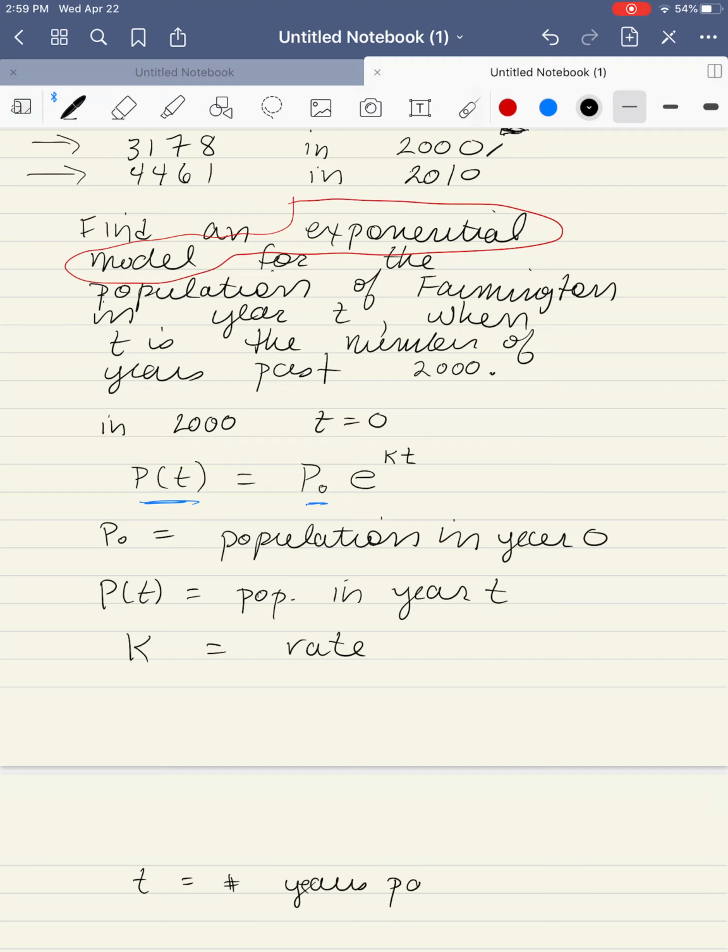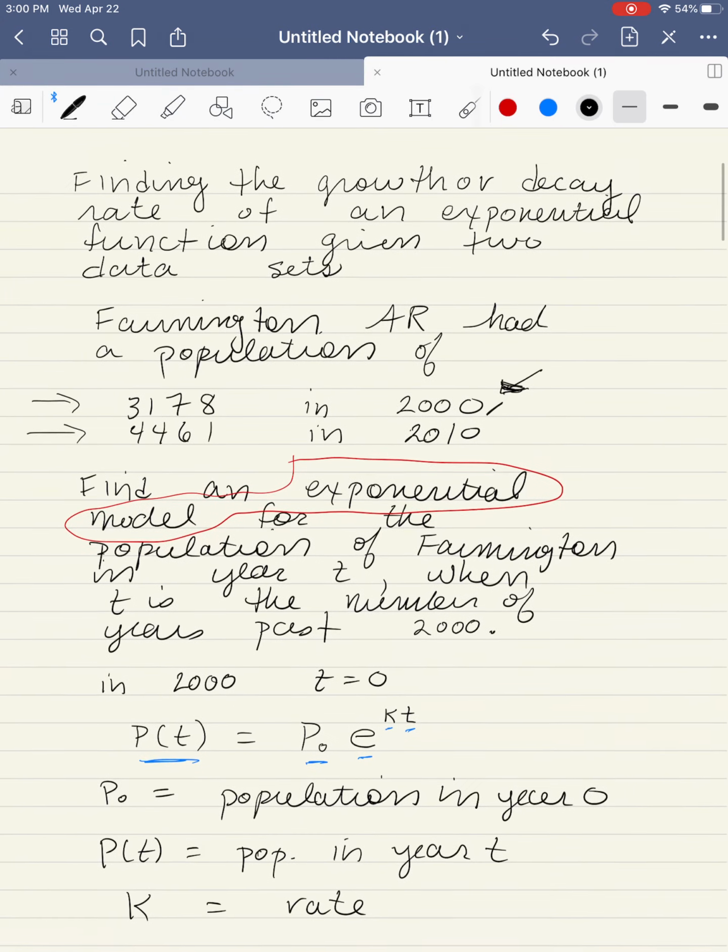And then T is just going to be the number of years past 2000. And remember, e is just the number e. That's part of the formula. And then k and t.